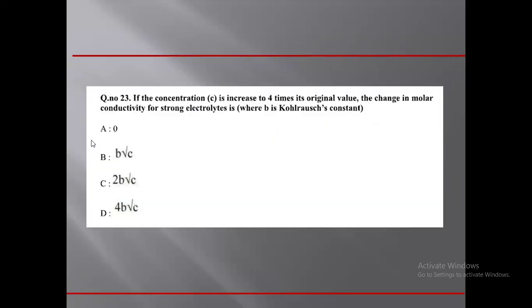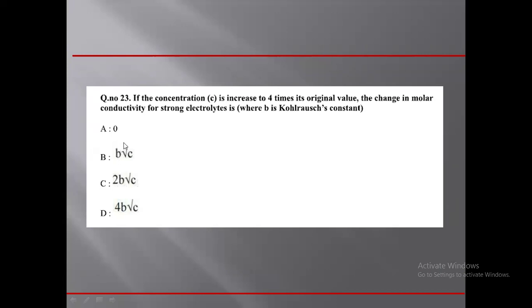Yes. Question number 23. If the concentration C increases to 4 times its original value, what is the change in the molar conductivity for the strong electrolyte? Option A 0, B is B square root C, C is 2B square root C, and D is 4B square root C. See, in a strong electrolyte, if you increase the concentration, the ions also increase.